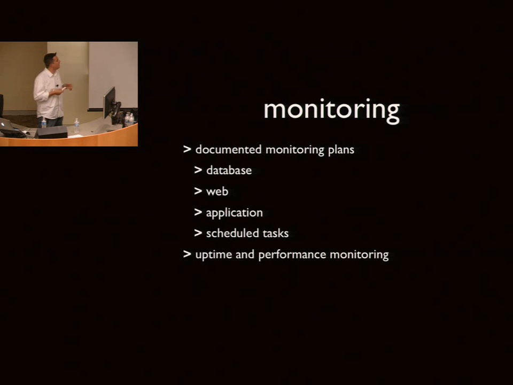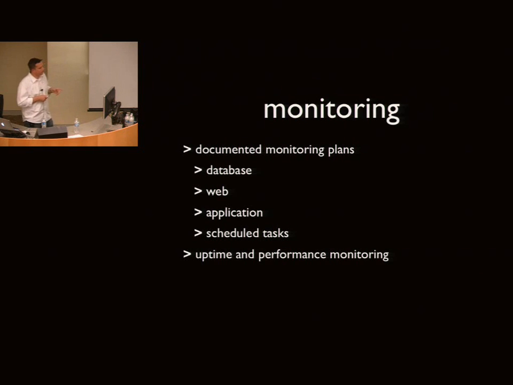One of the areas I always seem to forget: you have your basic ping or health checks on your database and your web and application servers. But scheduled tasks are a big one that I think people forget. We had one that would pull the relationship data between employees and managers down each night. It was set to run as a cron job on one of the machines.